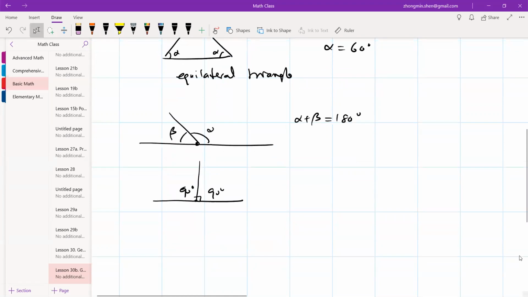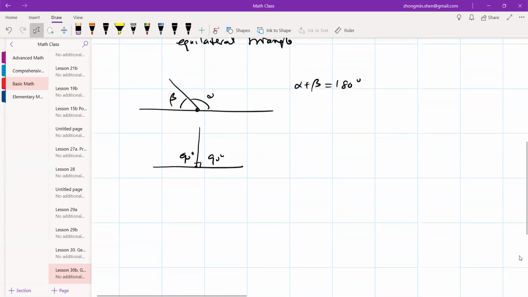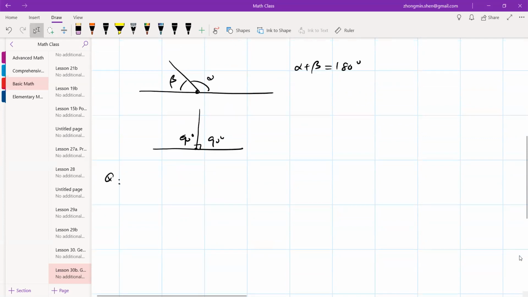Now let's try to do two problems. The first one is, if you have a triangle, this is alpha, that's beta, that's gamma.